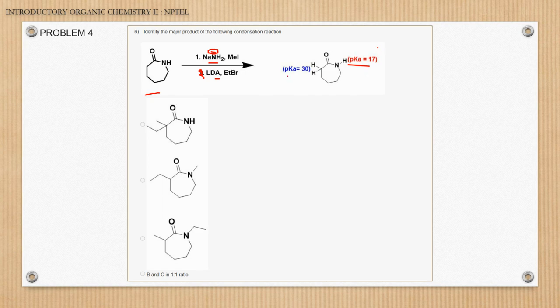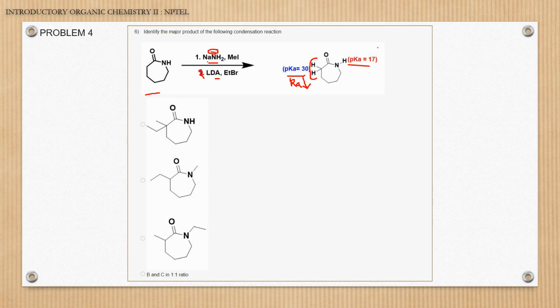So the pKa value of the alpha protons of the carbonyl carbon is higher and the Ka is lower. So the acidity of these protons is lower than the acidity of this proton that is attached to the nitrogen. The nitrogen-containing proton is acidic enough, but these alpha hydrogens are low in acidity.